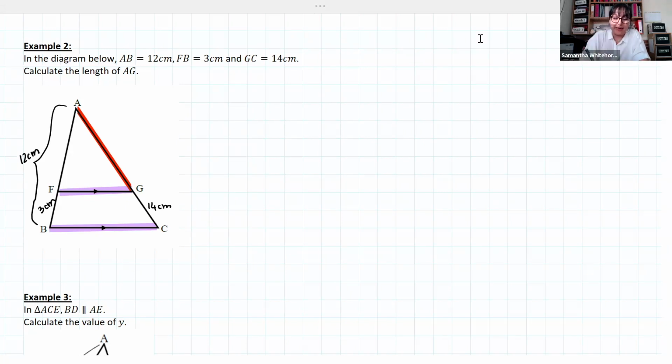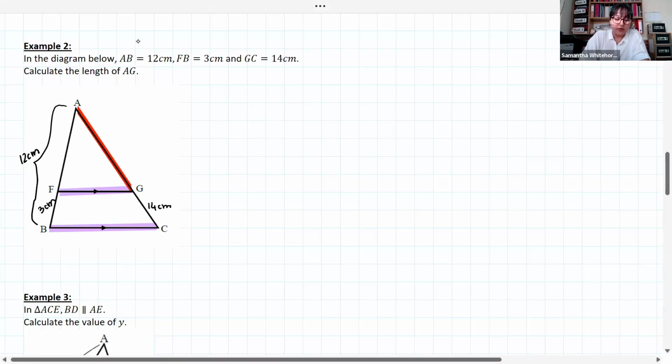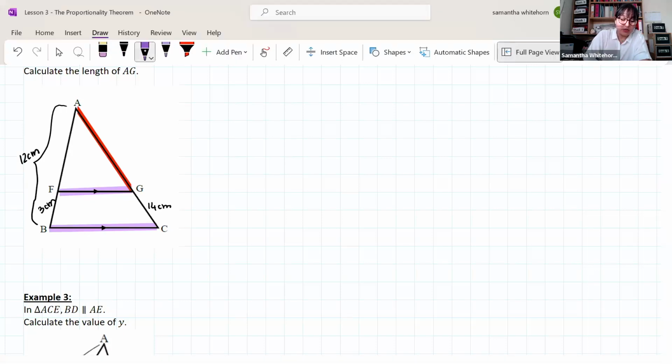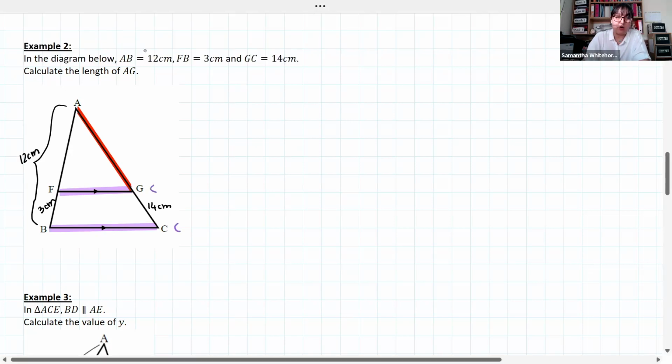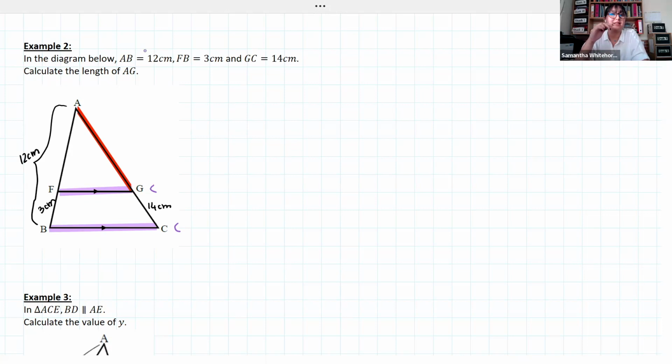Okay, so we're looking for AG, and we now need to look at what information we've been given. The really important bit of information that we've been given are these parallel lines. Because I've got those parallel lines, I know that I can set up ratios or proportions of my sides that are equal. Because there are so many possibilities, we now need to decide which possibility makes the most sense.